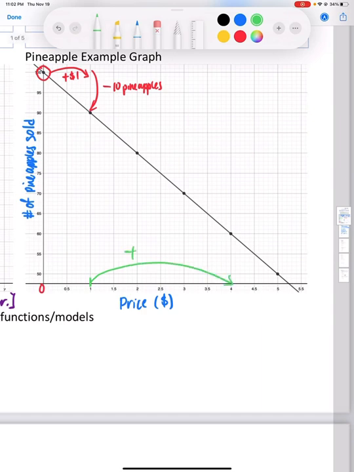So my increase was, I increased the price $3. What does it do to demand? We're going to go up from $1 to our graph, and notice that we get to 90 pineapples.